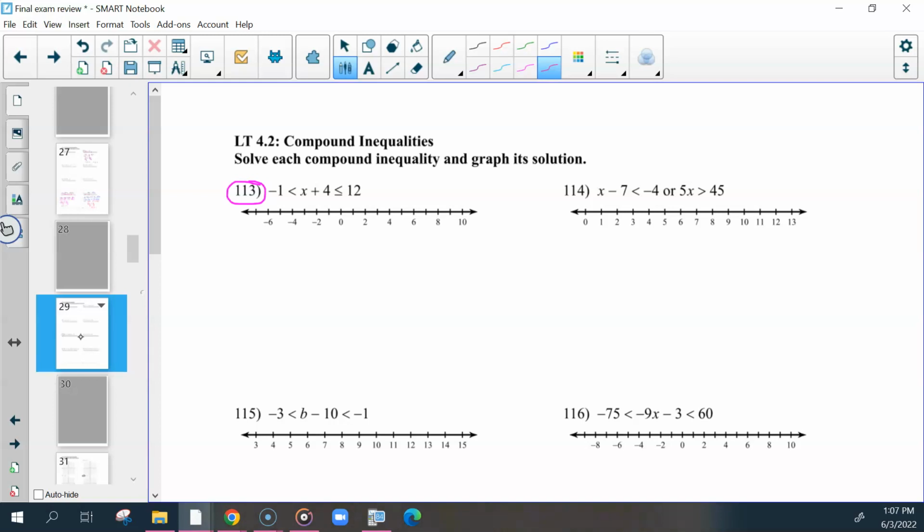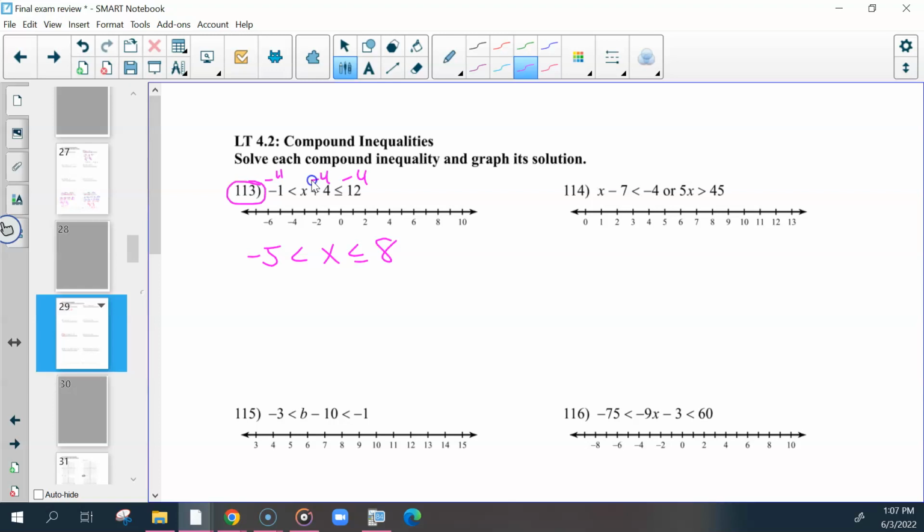We're going to do an and an or, unless you want to see others. So for 113, this is an and inequality, so we have to solve everything together. So we would need to get rid of 4 by subtracting it everywhere. So this would become negative 5 is less than x, which is less than or equal to 8. And then we could graph this.